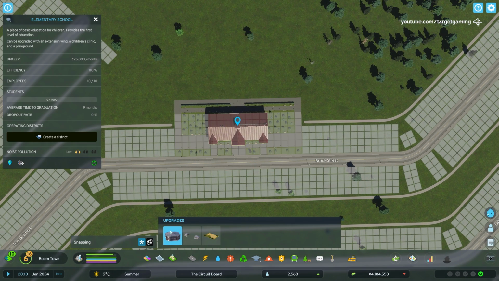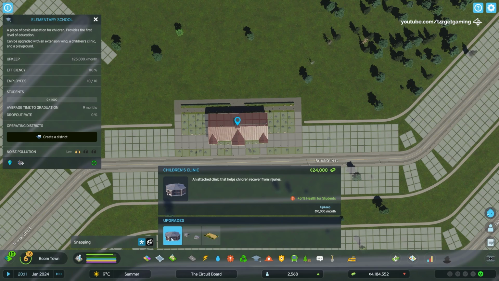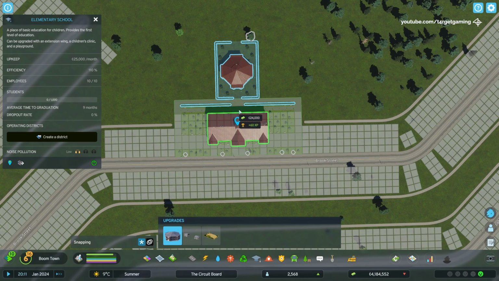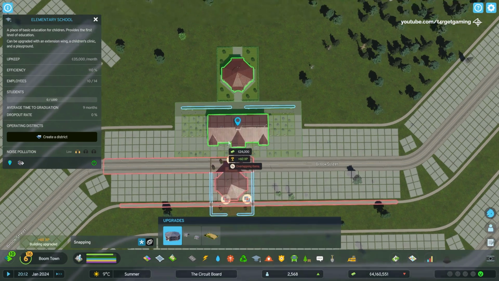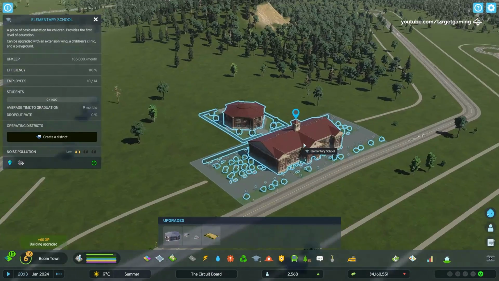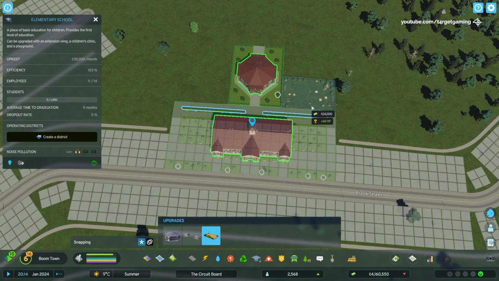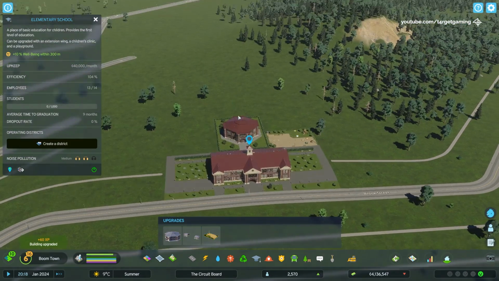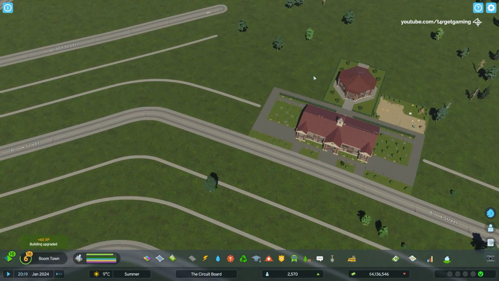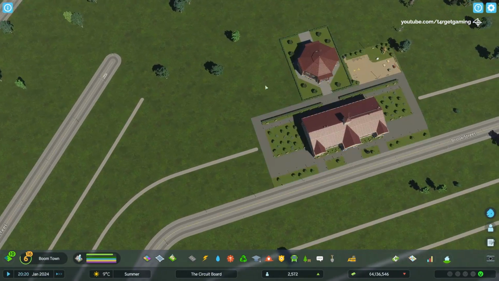I think this gazebo, which is actually called the Children's Clinic, will look very well over here at the center. So yeah, that's actually pretty good. And we can complement it with perhaps a playground. I can put one there. That's pretty much it for this elementary school.